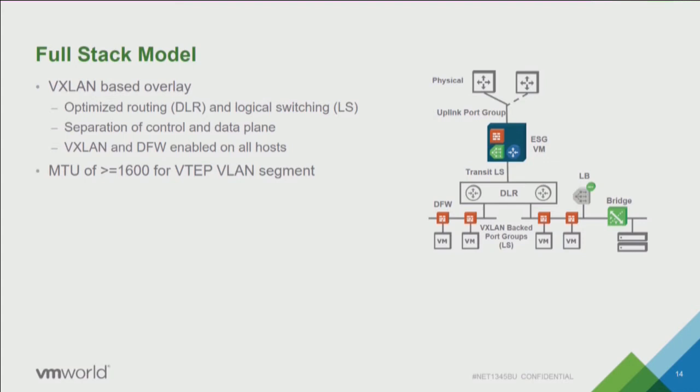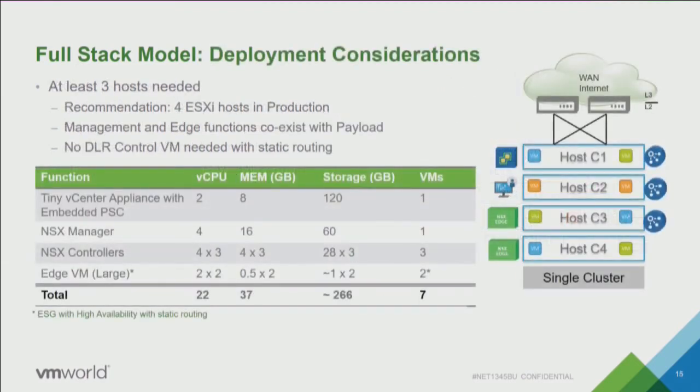And that's how you will basically get the full stack model. So you get the distributed routing, the DLR, the logical switches, and everything with this. Yes, it needs you to make those changes, the MTU changes that are required on your physical infrastructure.